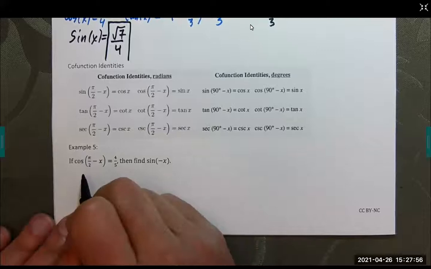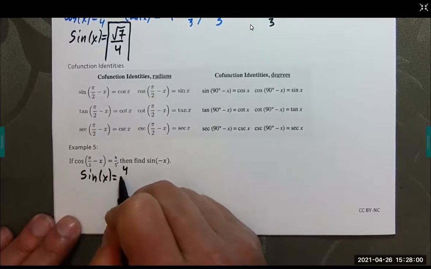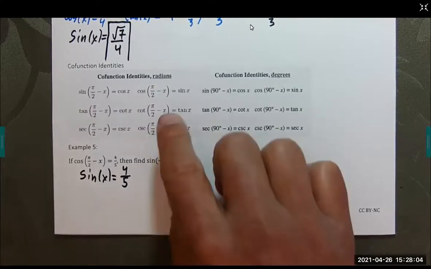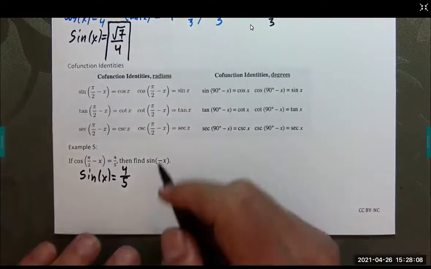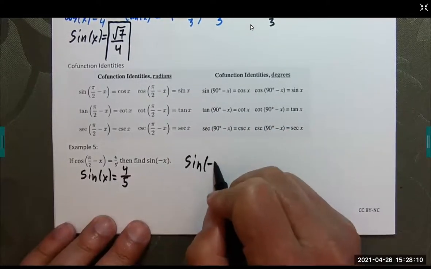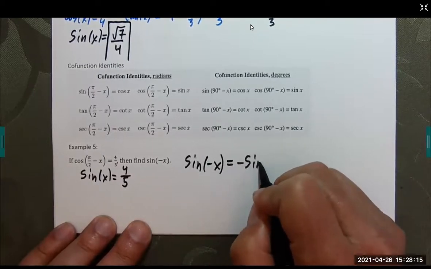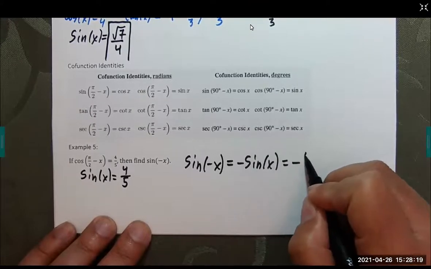So we know that sine x is equal to 4 over 5, because cosine of pi over 2 minus x is sine x. So sine of negative x is the same as negative sine x, which becomes negative 4 over 5.